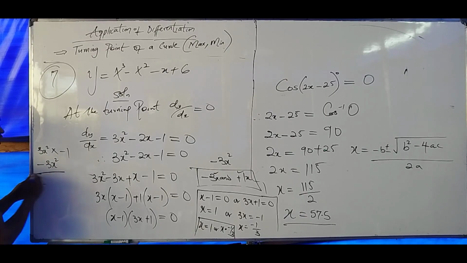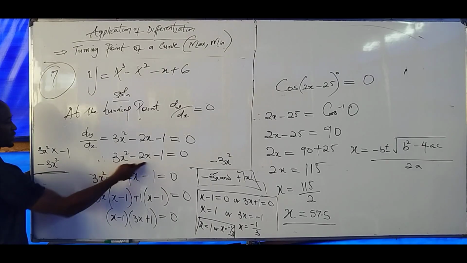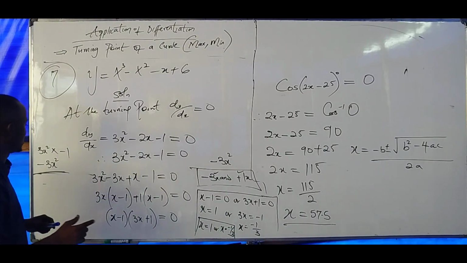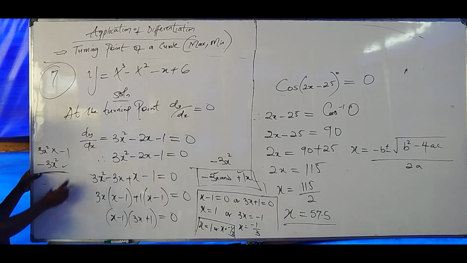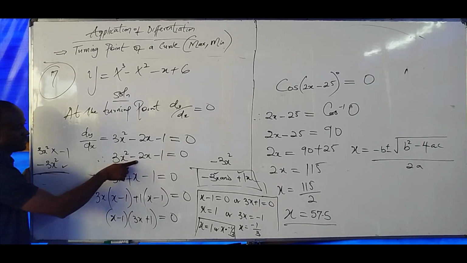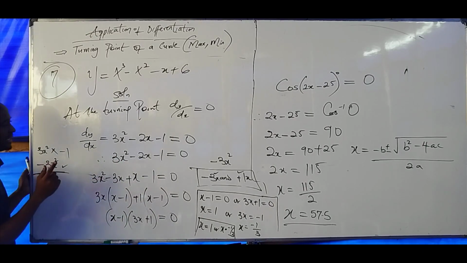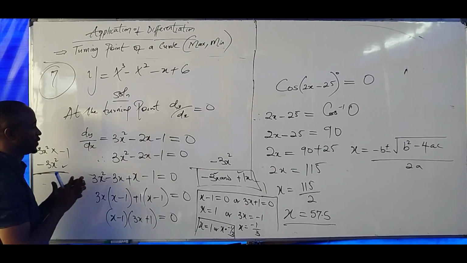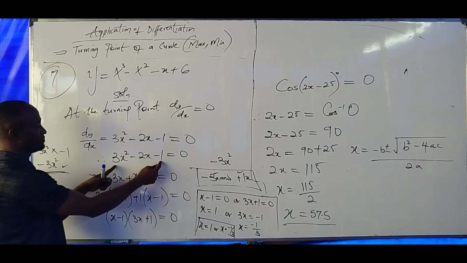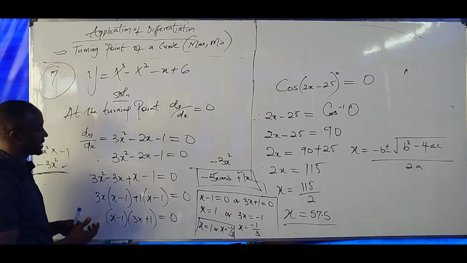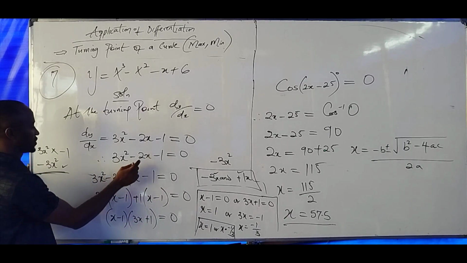Then we think of two numbers that when you multiply them give minus 3x squared, and when you add them, it will give us minus 2x.